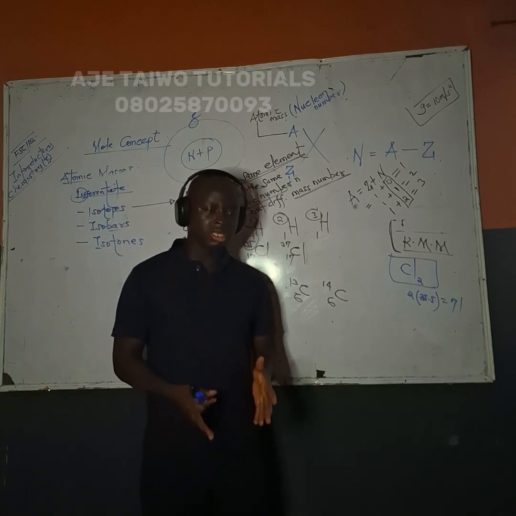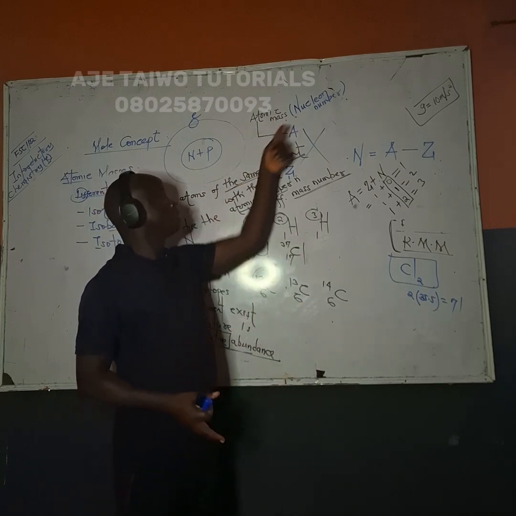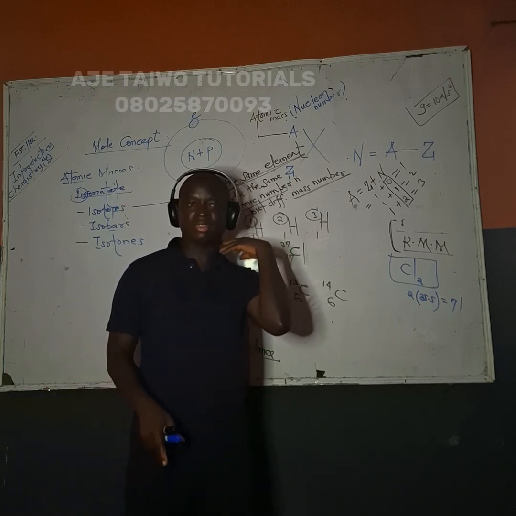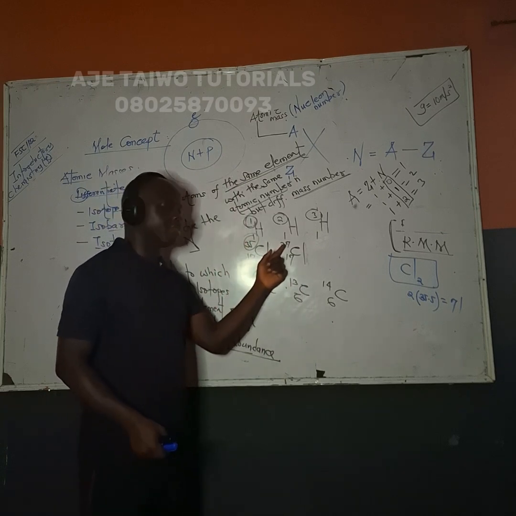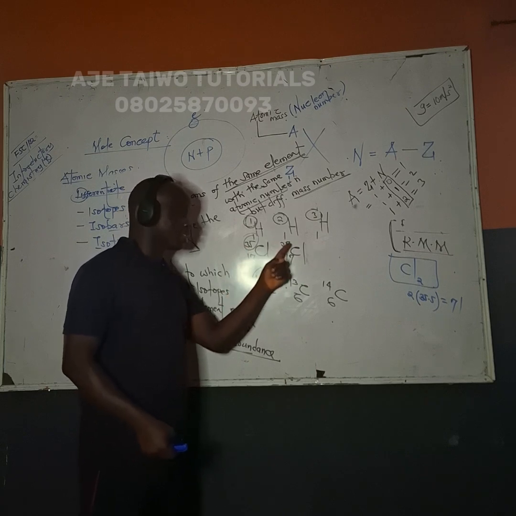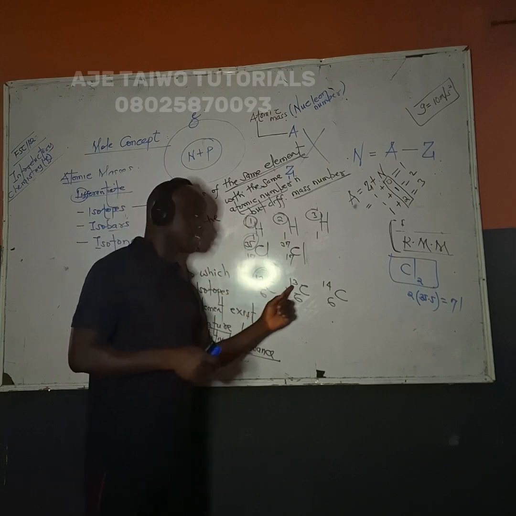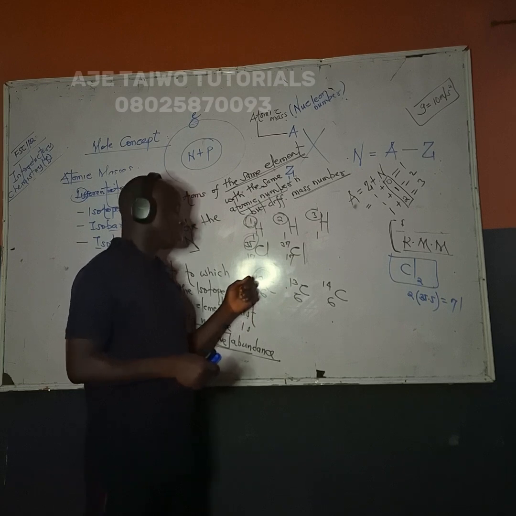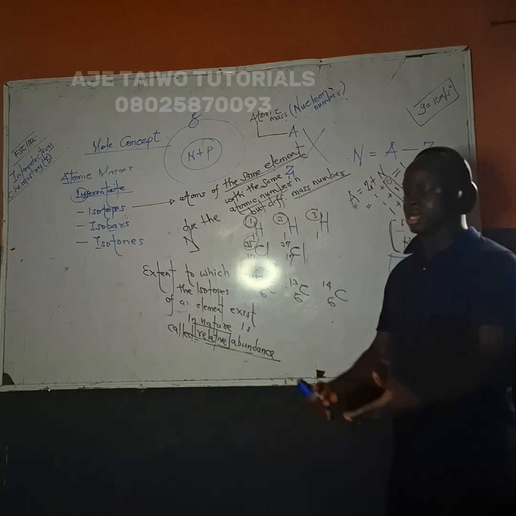The lower the mass number of that element, the more abundant that element. Between 35 and 37, which should be more abundant? Chlorine 35 and chlorine 37. 35. Between carbon 12, 13, and 14, who is the most abundant? Carbon 12. The lower the atomic mass, the more abundant it is.